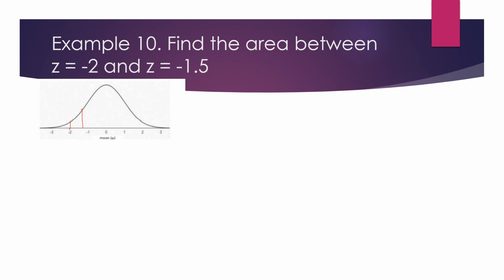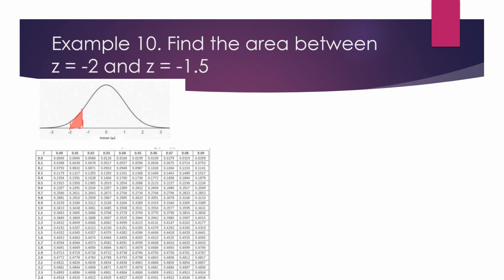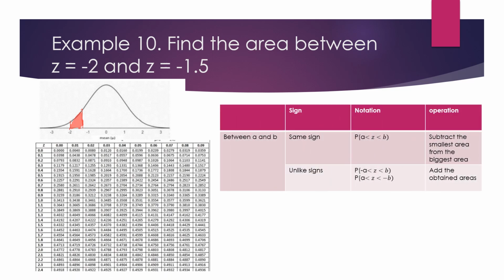In short, we will find the area of this region. Since it is in between and they have the same sign, what we're going to do is subtract the smallest area from the biggest area.